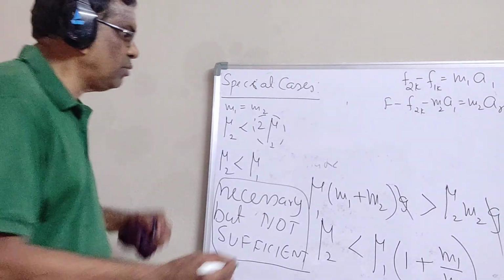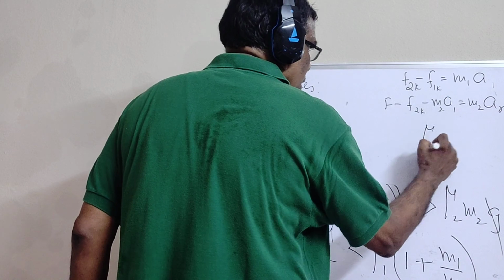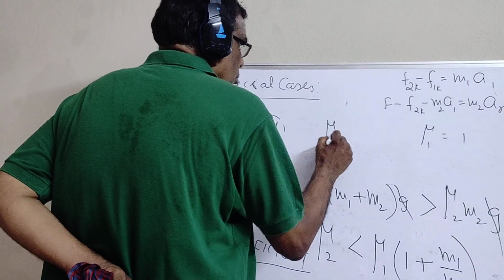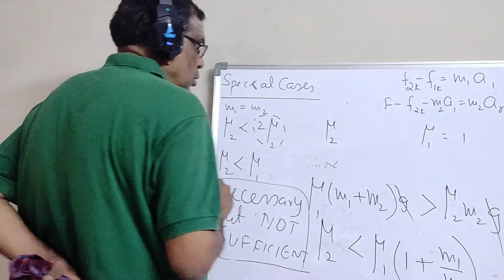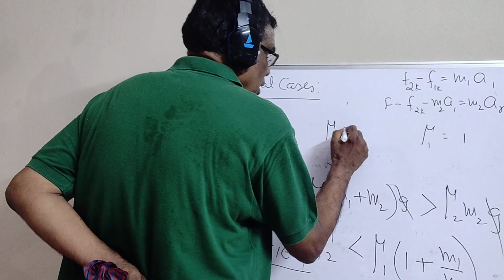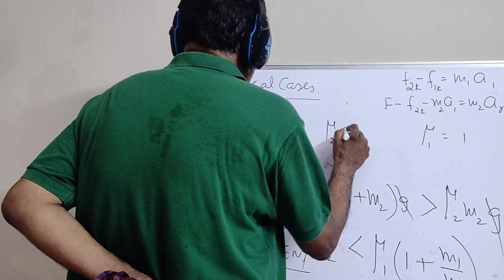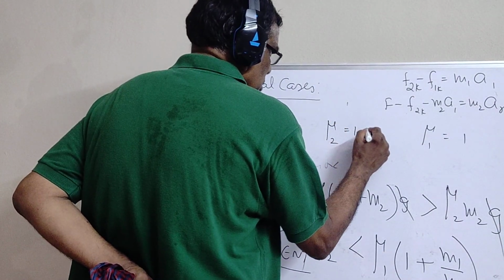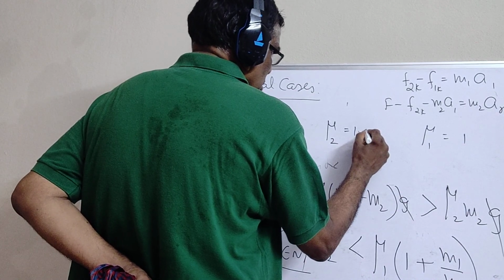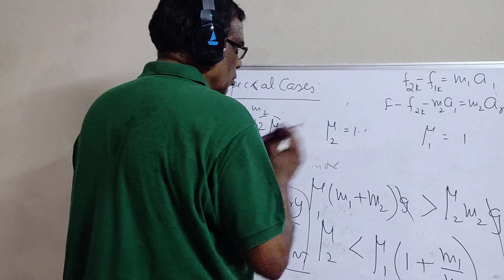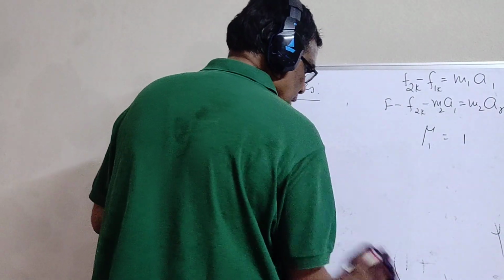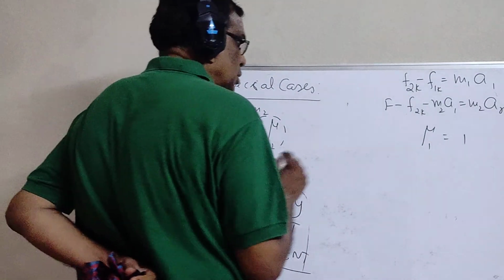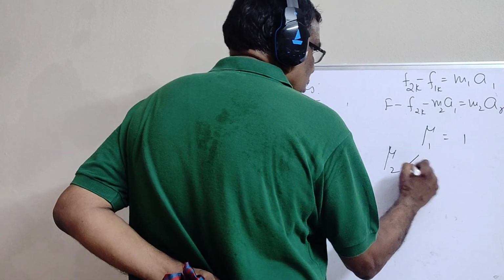I will give you an example. Suppose mu1 is equal to 1. mu2 must be less than 2 mu1. If I take mu1 to be 1, mu2 must be less than 2.